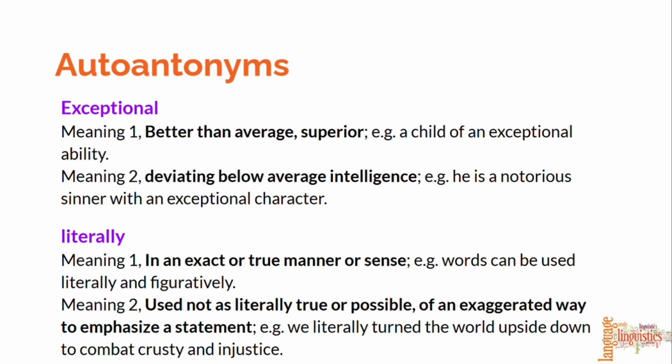For example, we literally turned the world upside down to combat cruelty and injustice. So we can see that meaning one and meaning two are opposite to each other. So the word literally is autoantonyms.